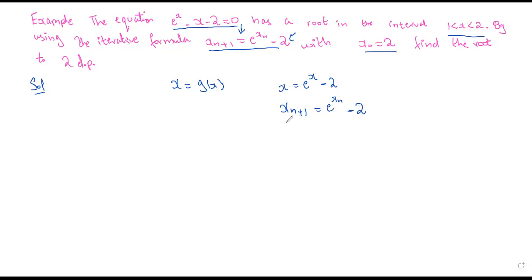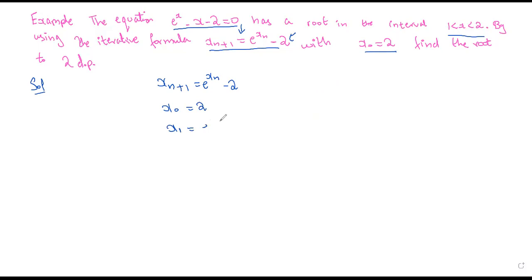Now we have our formula, and they have given x naught equals 2. So x1 would be e to the x naught minus 2, that is e to the 2 minus 2.